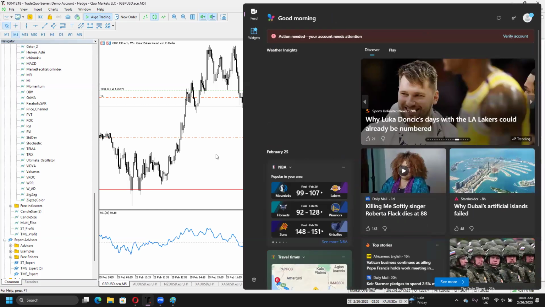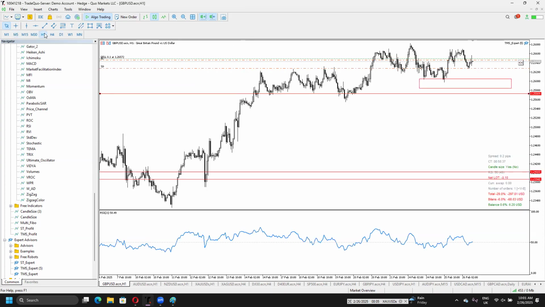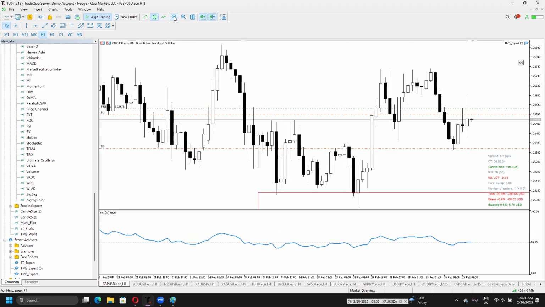Oops, sorry. Most probably here on the GBP USD, the price will hit the stop loss, but we don't really care. We already made some money. And that's it. Again, if you would like to do it on the H1 time frame, there is no candle formation.